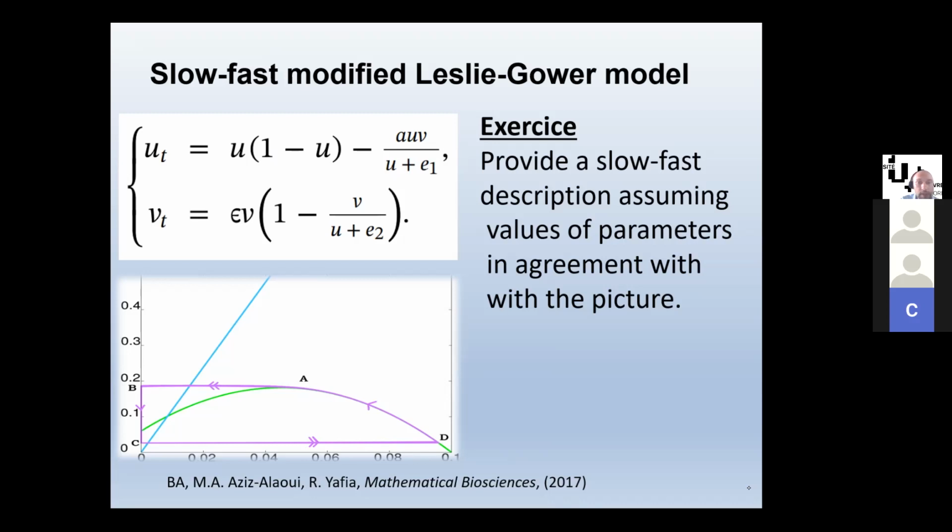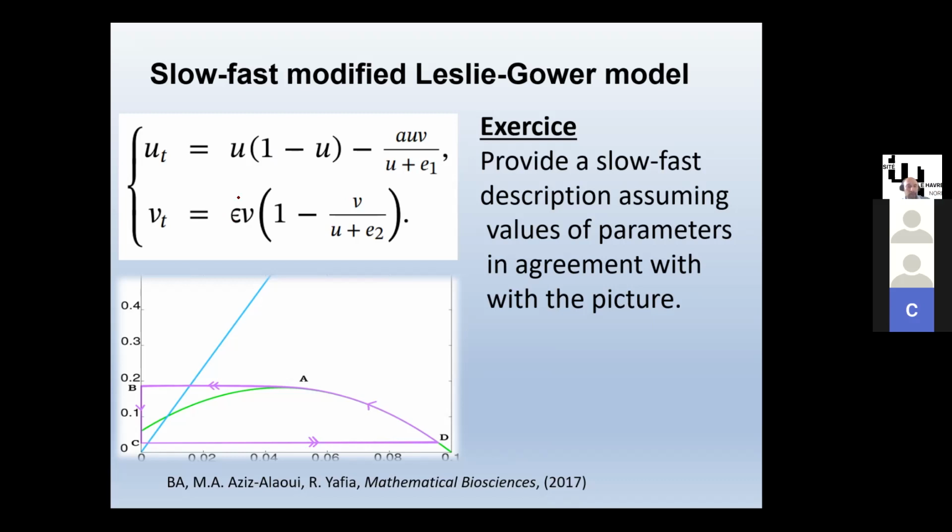U is a prey and V is a predator, and they added this term to avoid mathematical singularity, which has some biological meaning. You can refer to one of the papers mentioned in this work, right? But here you have an epsilon also, right? So this means that the dynamics of the predator is much slower than the dynamics of the prey, right?